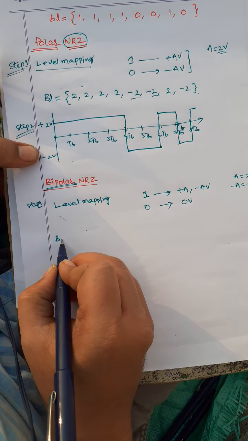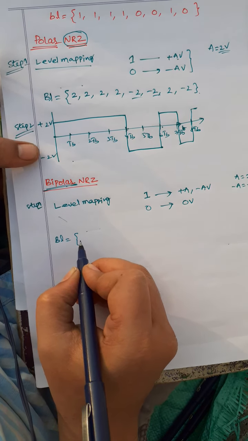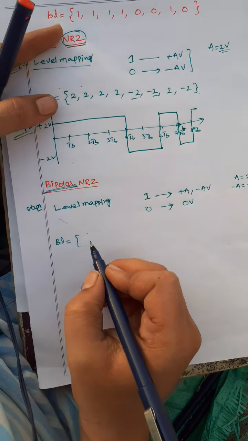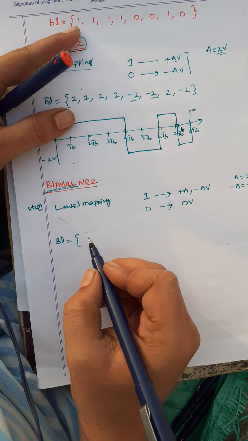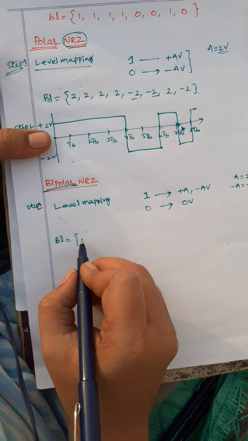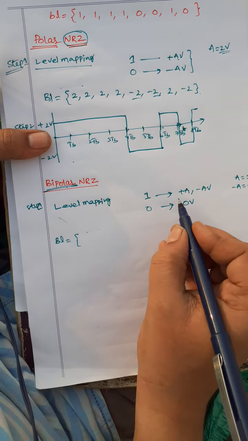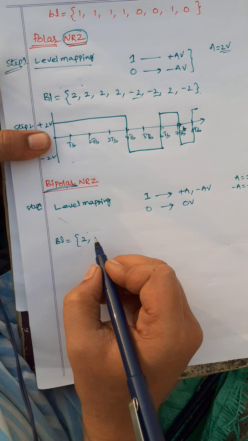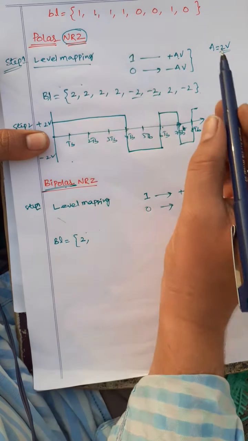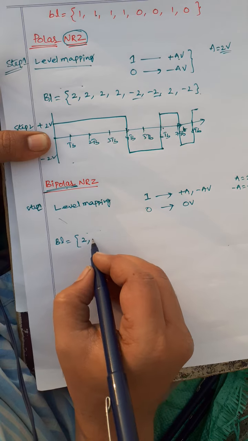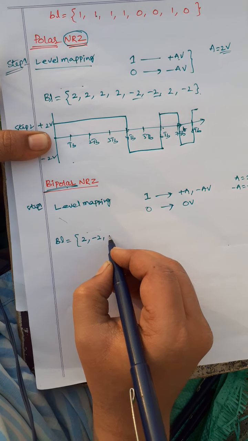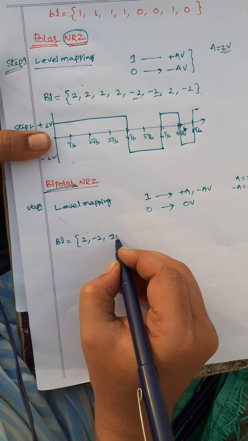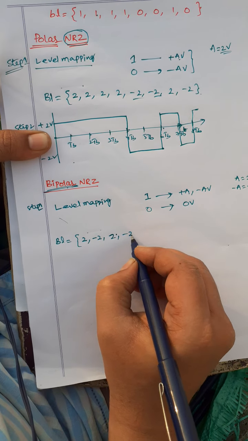So here BL is equal to, after mapping the level, first bit 1 is represented with plus A, that is 2 volts. Second bit, alternate bit, second bit is 1, means that is represented with minus 2 volts. Similarly plus 2 volts and minus 2 volts.